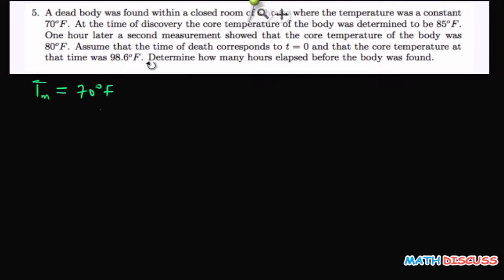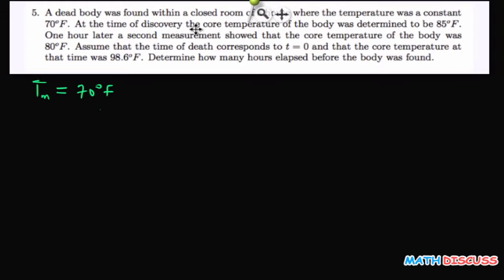It says at the time of discovery, the core temperature of the body was determined to be 85 degrees Fahrenheit. Now note, it says at the time of discovery. We do not know the time of discovery.